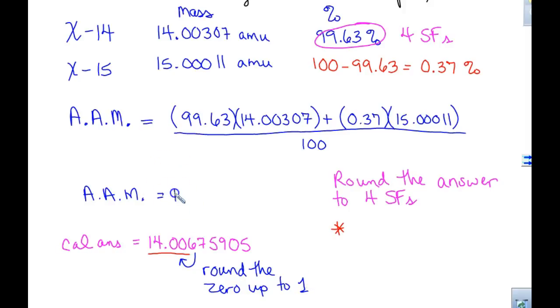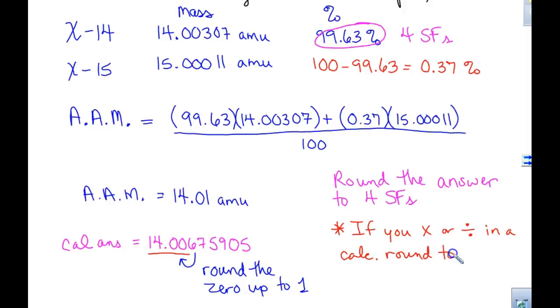So the correctly recorded answer for this is 14.01 AMU. So if you multiply or divide in a calculation, round to the least number of sig figs in the problem.